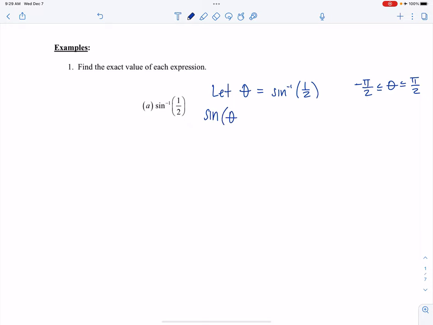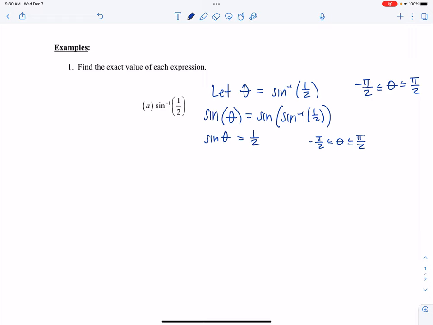So I have sine of theta and sine of sine inverse of 1/2. Sine of sine inverse, those are inverses of each other. So I'm left with sine theta equals 1/2. And remember, we're still between negative pi over 2 and positive pi over 2. So I need to see these values.